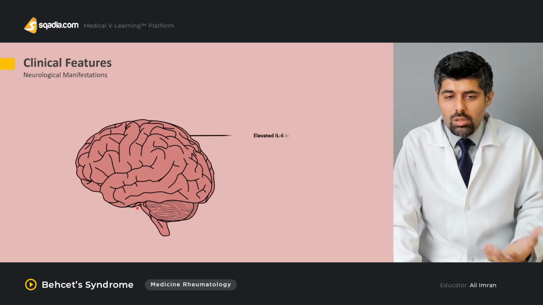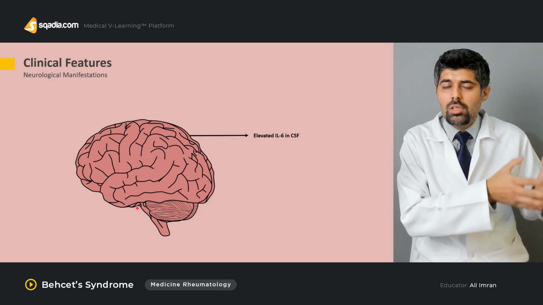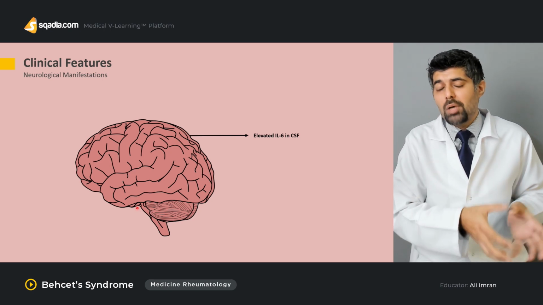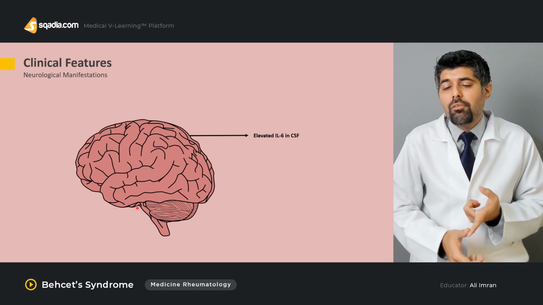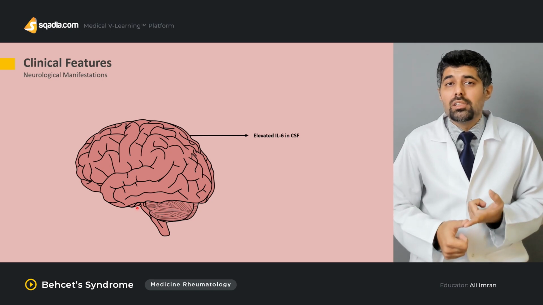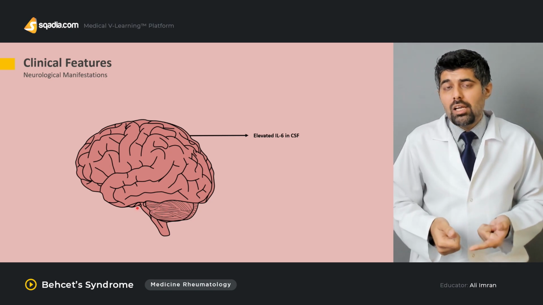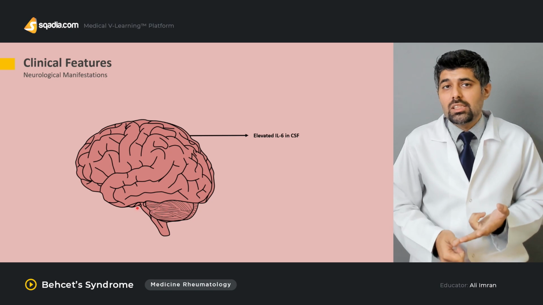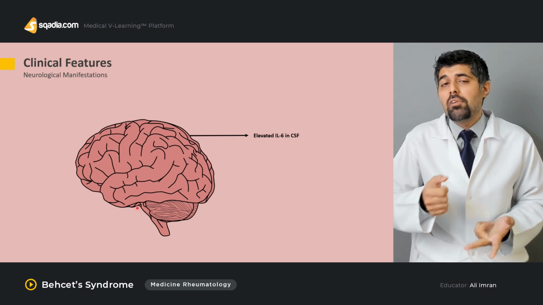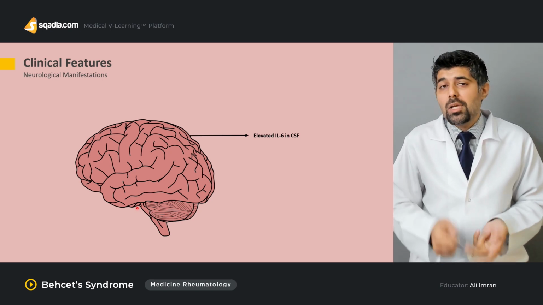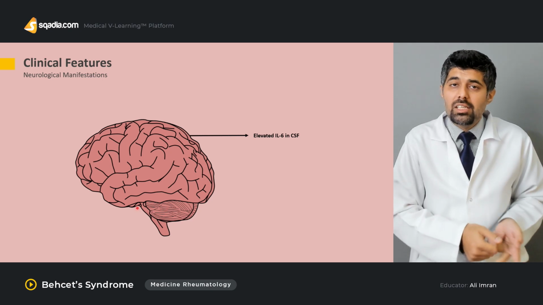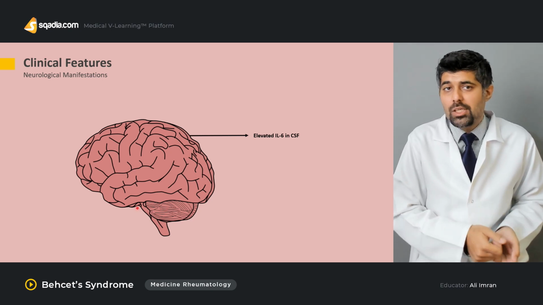During evaluation of the cerebrospinal fluid, we usually find a heightened or elevated level of interleukin 6. And this gives us a very clear idea that the patient has CNS manifestation of Behcet's.